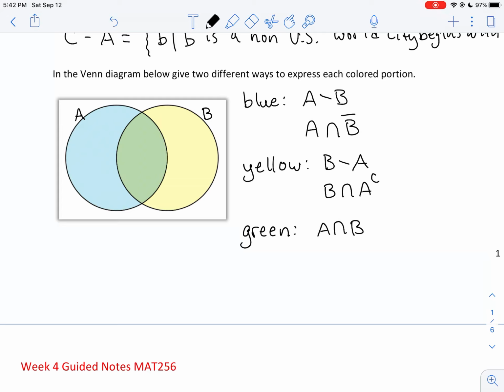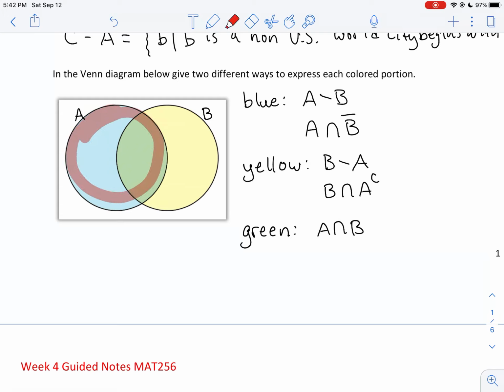Let's see if we can come up with a different way to shade the intersection, maybe using some sort of subtraction. There's probably lots of ways to do this. Let's just see if we can come up with one way using the subtraction. What if I started with everything that was in A?